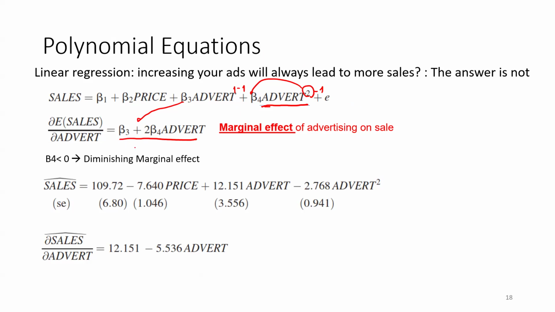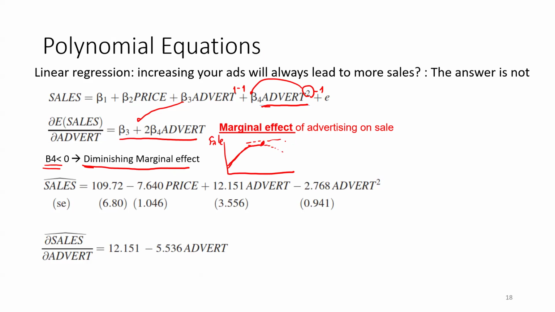Okay, so if beta 4 is less than 0, it means we face something called diminishing marginal effect. If beta 4 is negative, it means the higher the advertisement, the higher the sale, but it has a diminishing effect. Then finally we can find some maximum here.